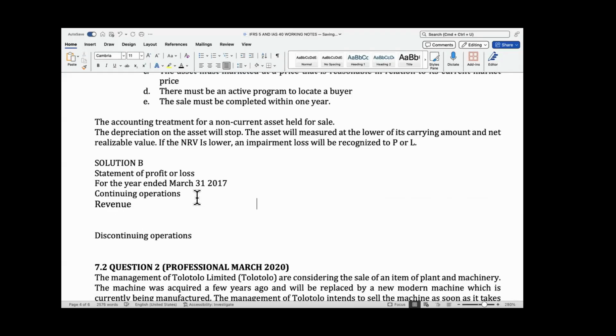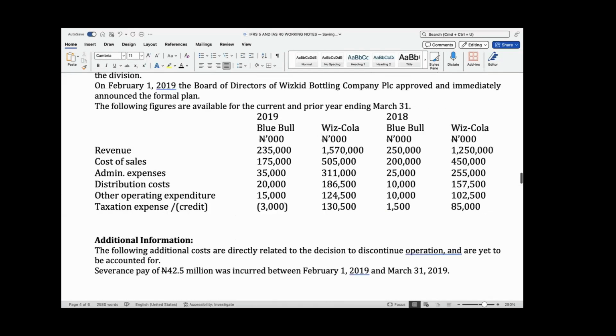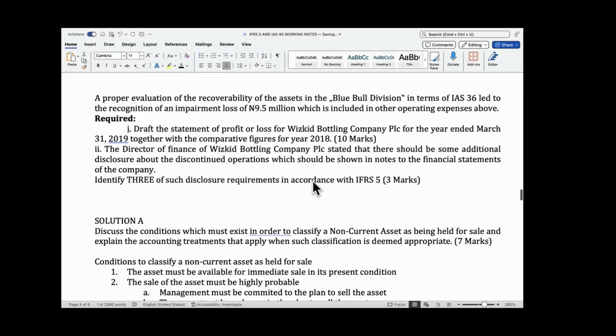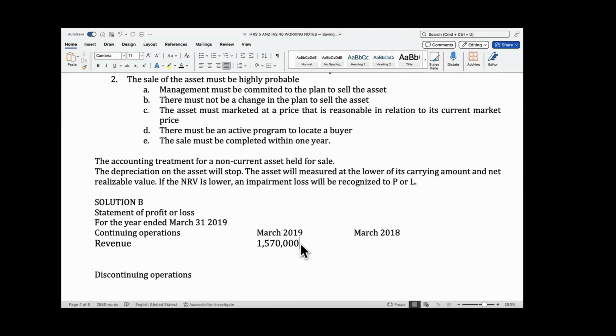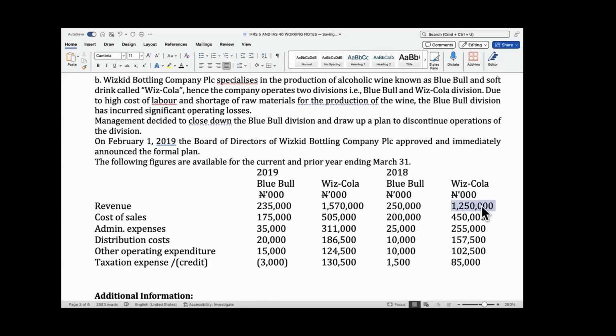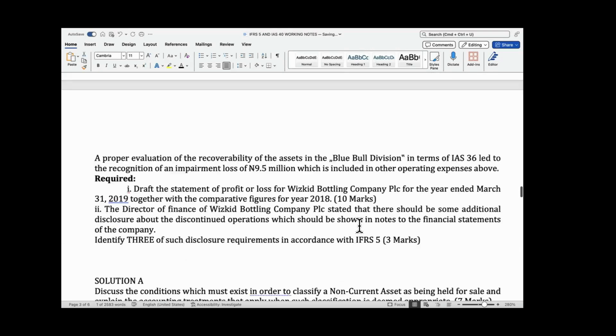The revenue for Whiskola for March 2019 is 1,570, and for March 2018 is 1,250. Don't forget the Naira amount.